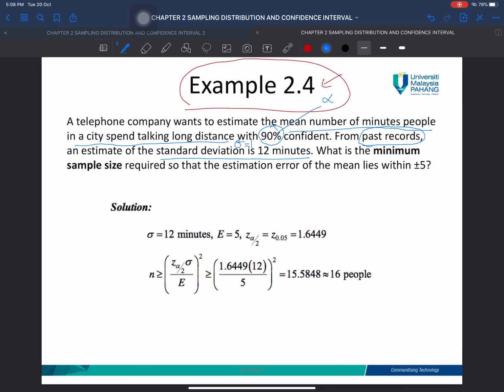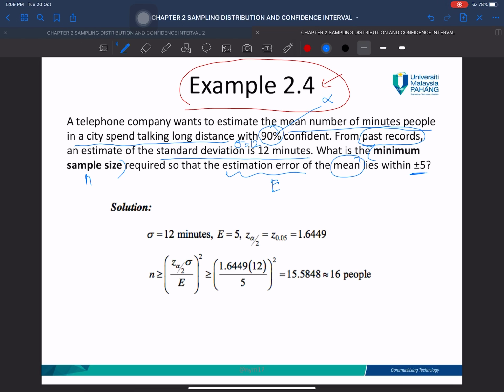So sigma equal to 12. What is the minimum sample size required so that the estimation error of the mean lies within 5? So this is your E, mean. So it is clear that minimum sample size, so we are looking for the n.